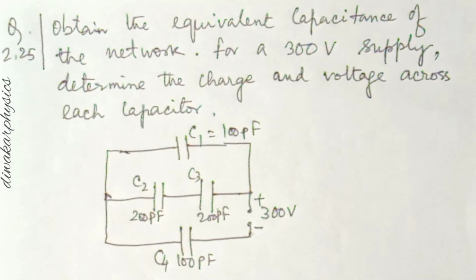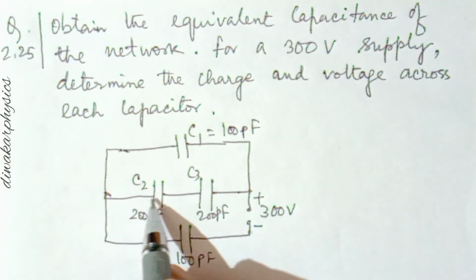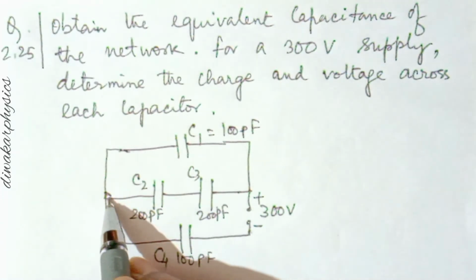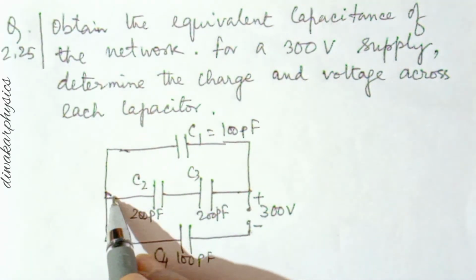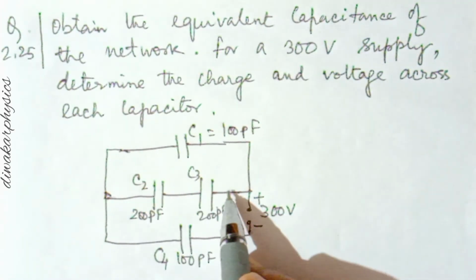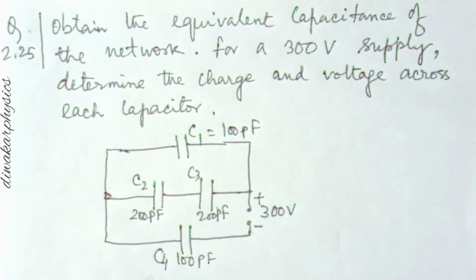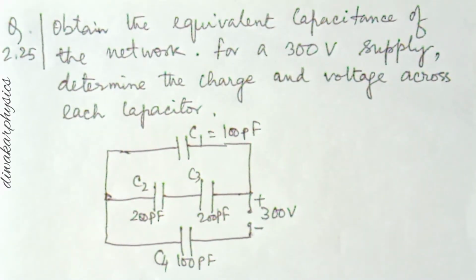Now first you see these capacitors. They are in the same line from this point to this point, so they are in series. So solve them. You can write C2 and C3 are in series.